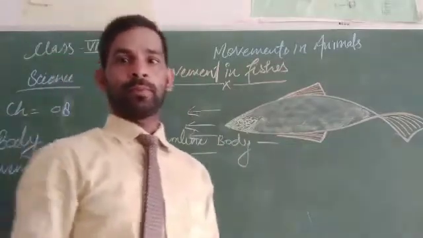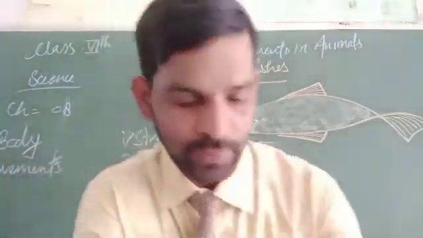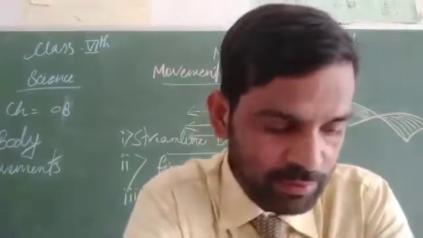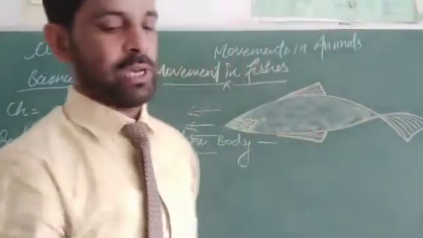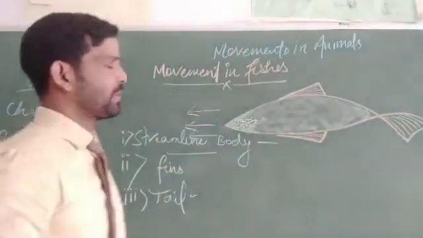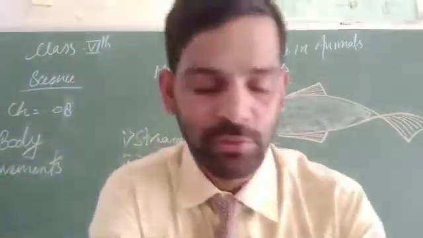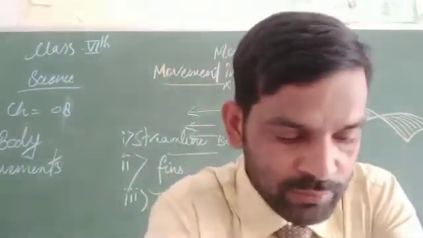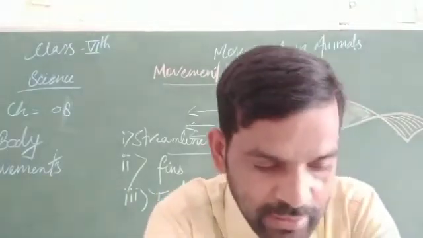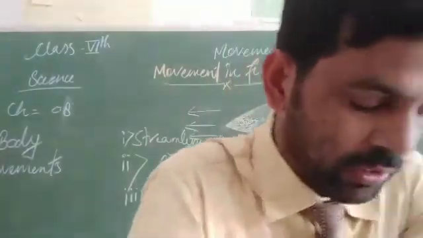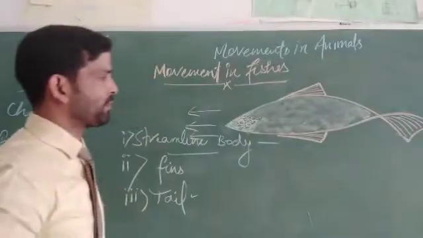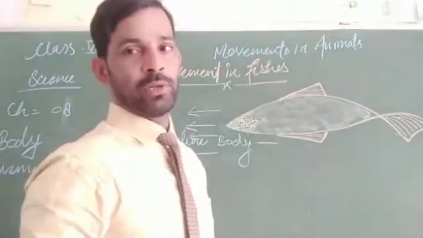Now we can say the third thing: the skeleton of the fish is covered by muscles which help in swimming. Their muscles are very flexible too, so that the body can be moved. The front part of the body curves to one side while the tail curves to the other side.